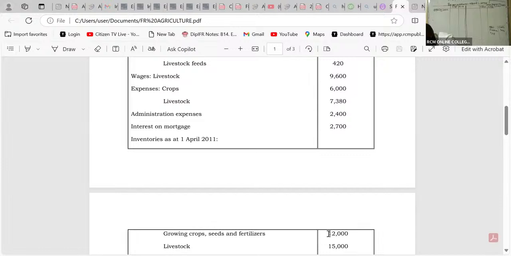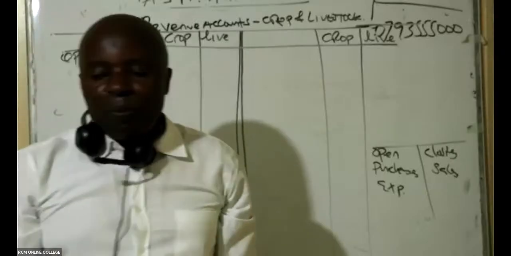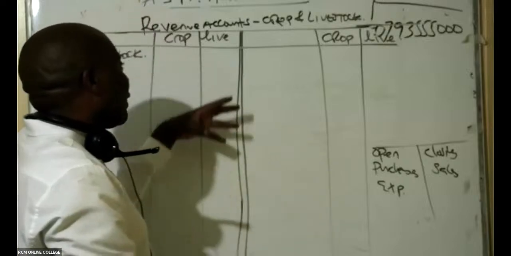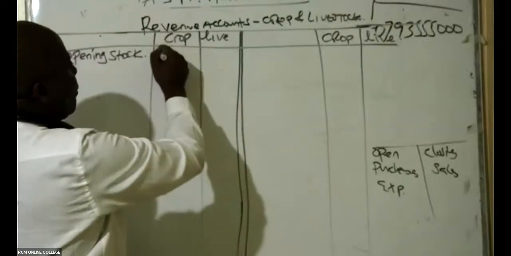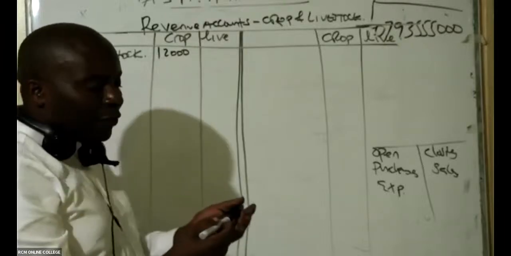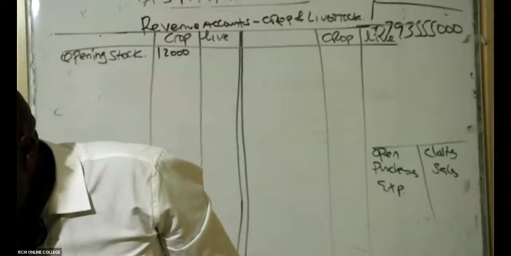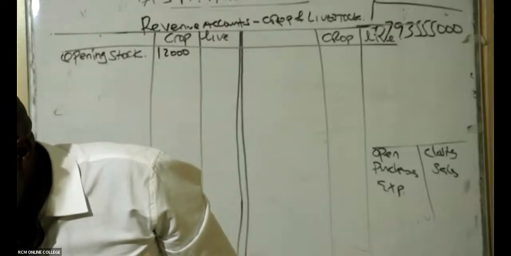So this 12,000 amount will be put under crops here. So opening stock for crop with their fertilizers and everything, 12,000. How about opening stock for livestock? If you look at livestock, opening stock.